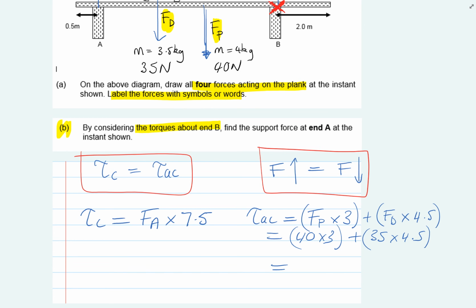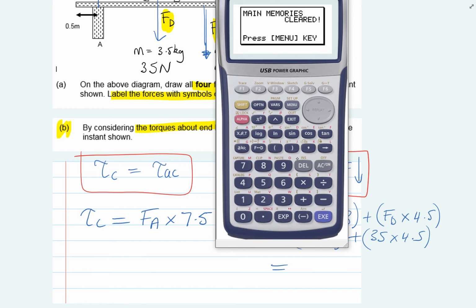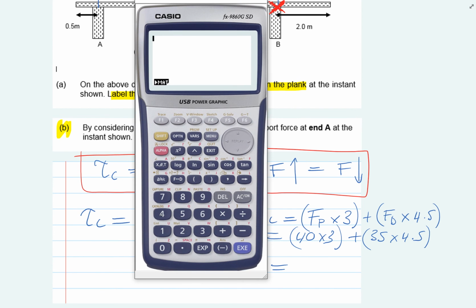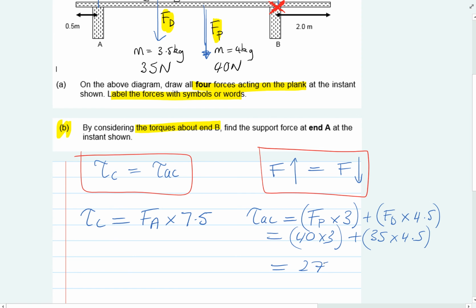So calculator, we've got here, hold on a second, get into the right mode. We've got 40 times 3, and we're going to add that to 35 times 4.5. So 277.5 Newton meters.